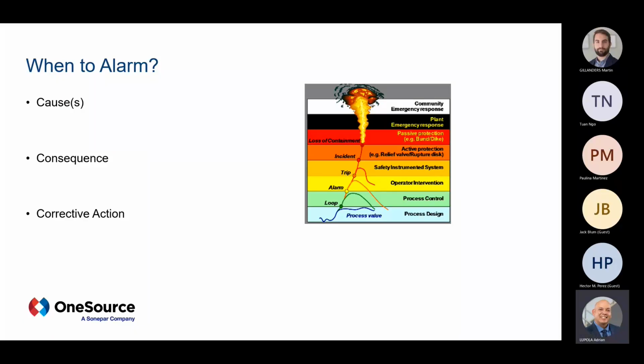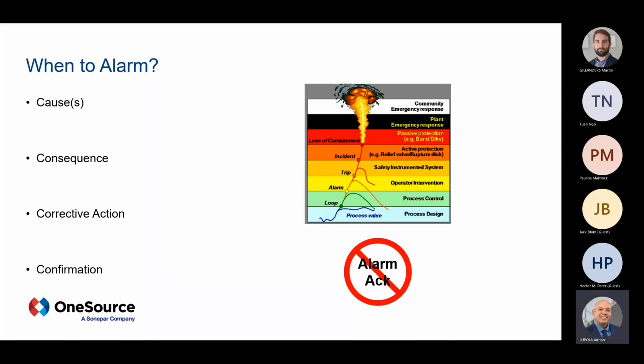There should also be some type of corrective action, meaning what an operator needs to do for the alarm. The acknowledgement cannot be the corrective action. You don't want to just push a button and say, hey, I acknowledge the alarm. It should be something that you do to try to remedy the issue or diagnose it.